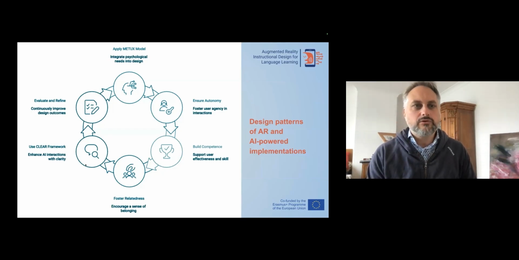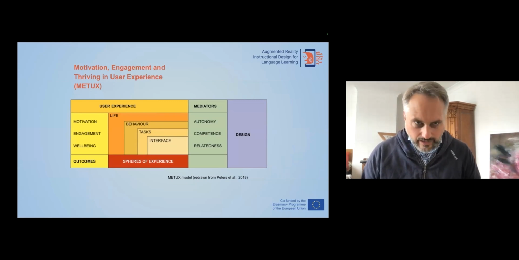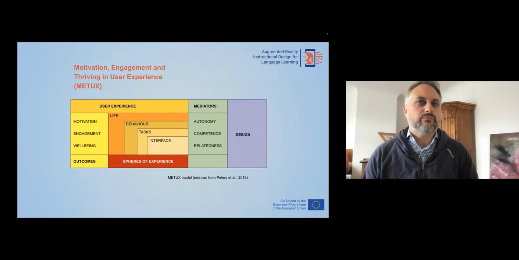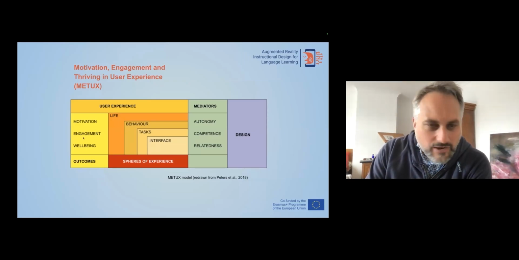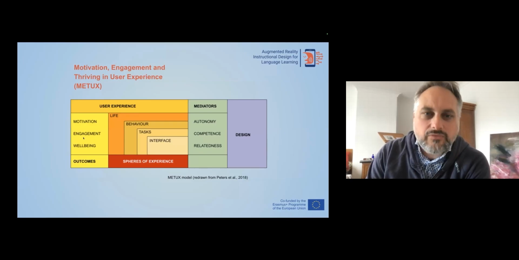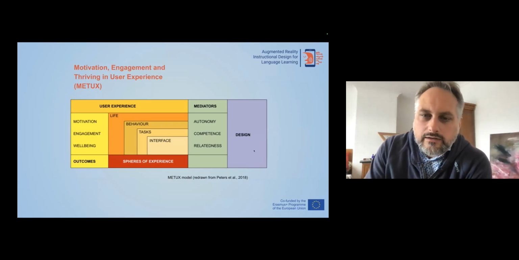So if we look at METUX and CLEAR briefly, METUX is a model about motivation, engagement, and thriving in user experience. So dealing with the positive outcomes we would want to achieve when we have learners engage with a user experience.